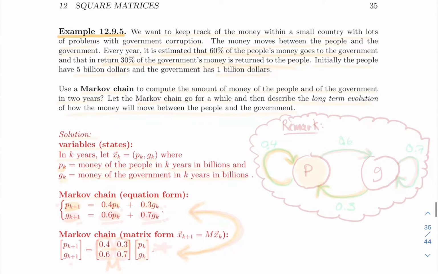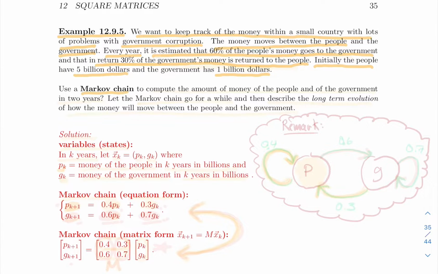So here we want to keep track of the money in a small country with a lot of problems, probably run by the liberal government. With government corruption, the money moves between the people and the government. Every year it is estimated that 60% of people's money goes to the government through taxes or whatever, and then the government returns to the people 30% of what they have through whatever services, etc. Suppose that initially, the people have $5 billion and the government has $1 billion.